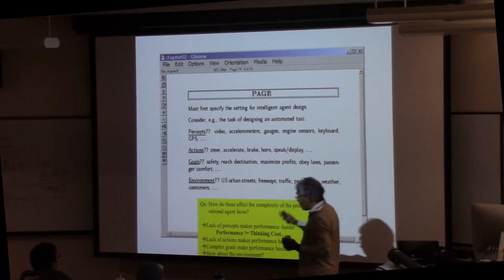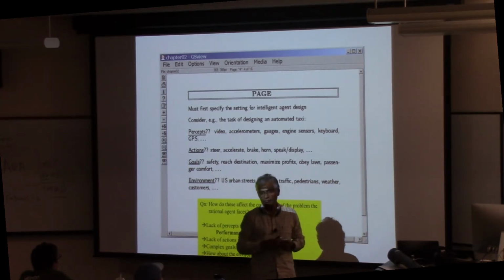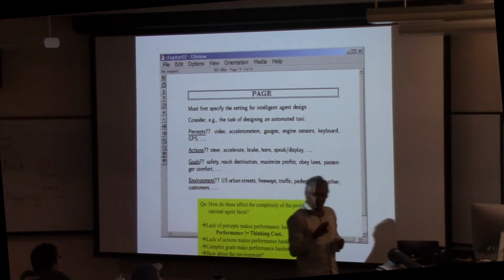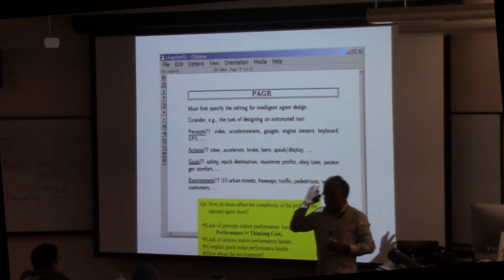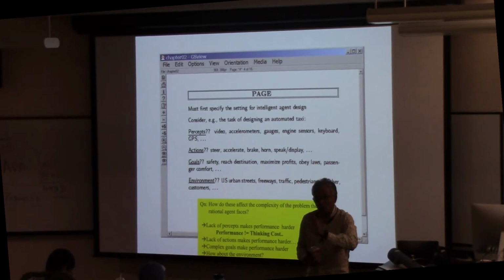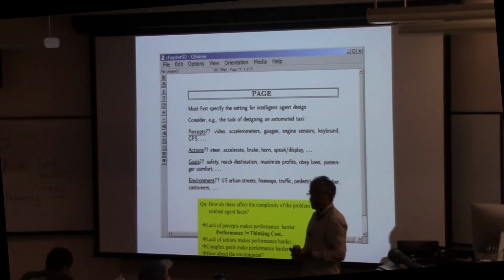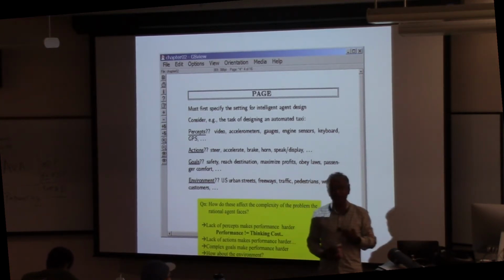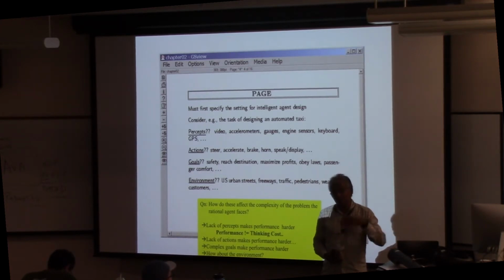Again, remember that performance metrics are set by the designer. If you want to, you can always get a self-driving car and tell it, by all means take your time. I just don't want to ever have a probability of greater than 0.005 that we can get into an accident. So then the car might come up with a policy that involves making 2 or 3 feet of travel at midnight, stopping again until the next midnight, some more 3 feet of travel because there's no traffic at that time.